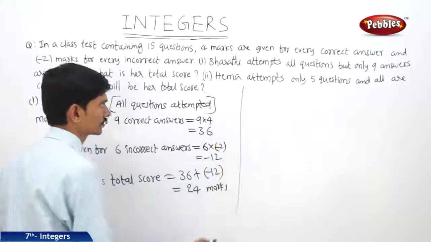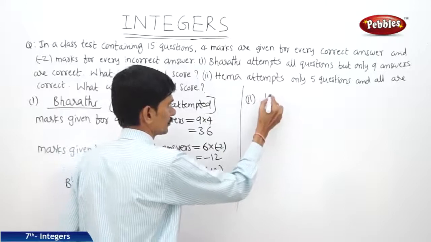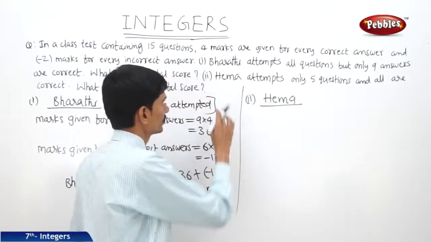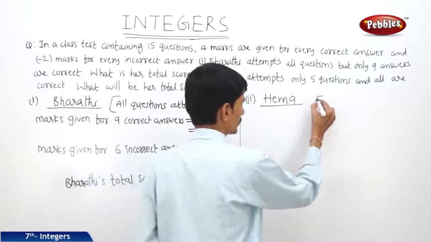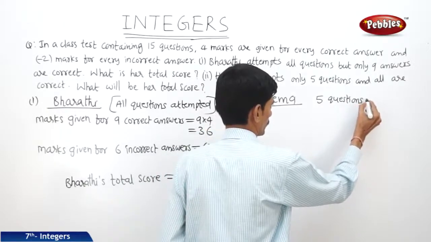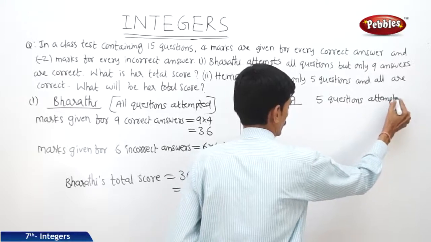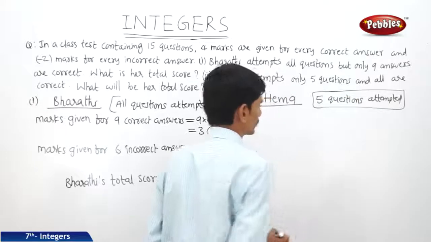Now the second case, in case of Hema, she attempts only 5 questions. So 5 questions attempted, and these 5 answers are correct.